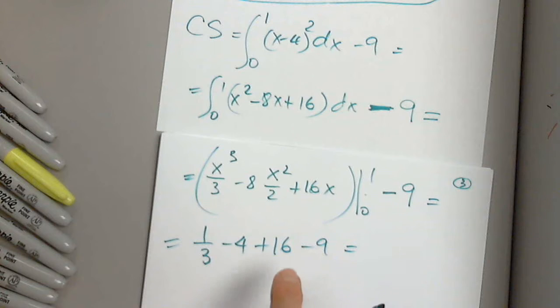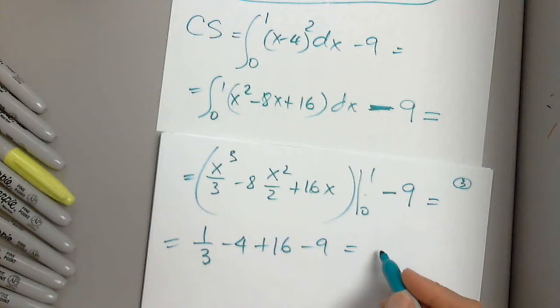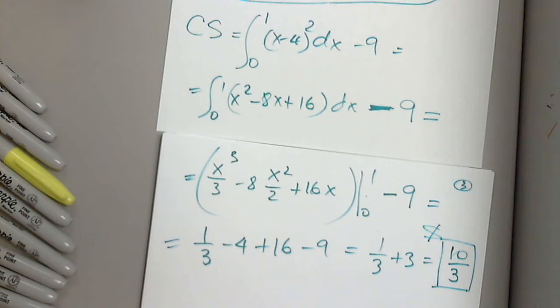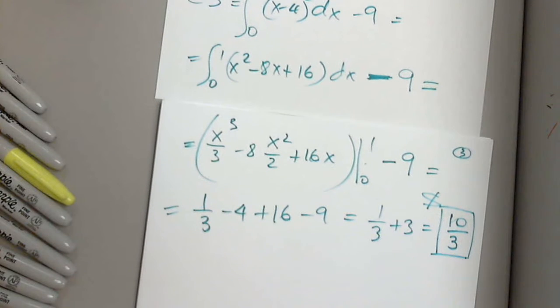So that is 1/3 plus 3, 10/3. So we're getting some services for $10 divided by 3 that we don't pay for. That's our little surplus.